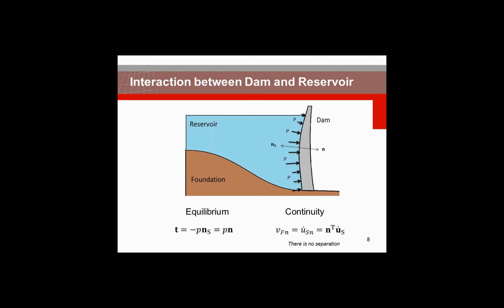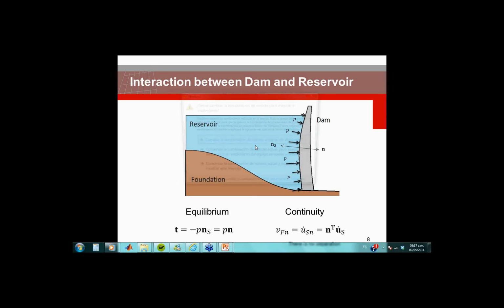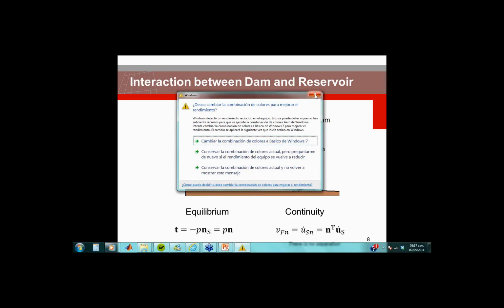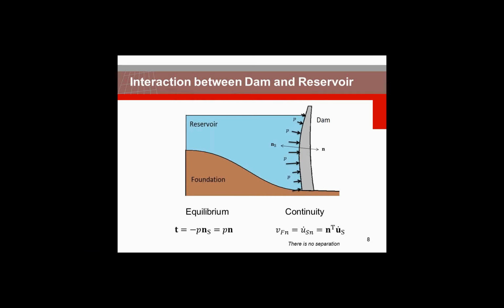So we have two equations. Equilibrium is the first equation. This equation mainly says that the tractions applied to the solid can be related with the hydrodynamic pressures that are in this line, in this interface.